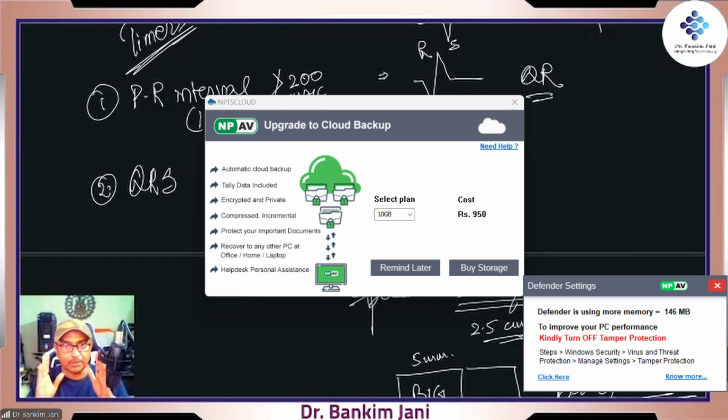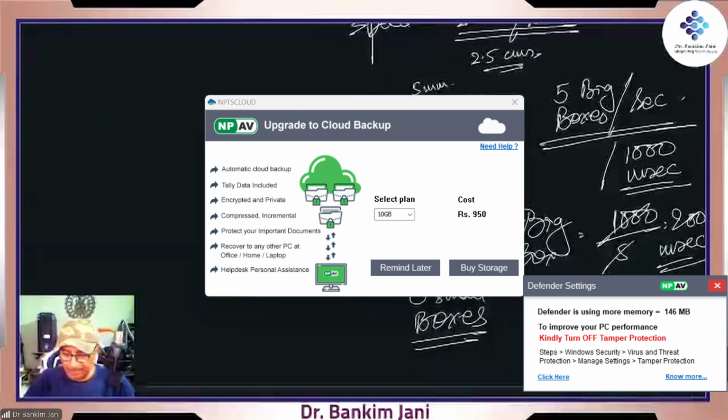The QRS should not be more than 120 milliseconds. So 120 milliseconds is 3 small boxes, right? While this was one big box. So it makes sense.